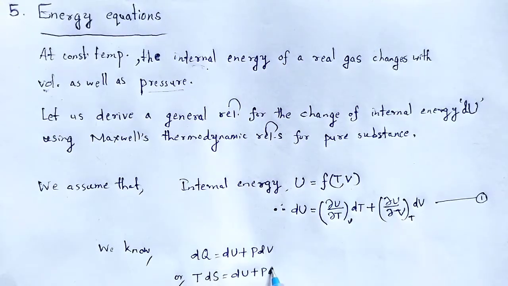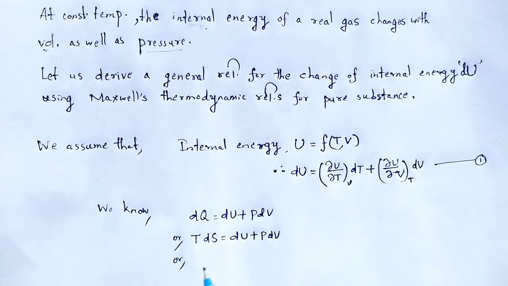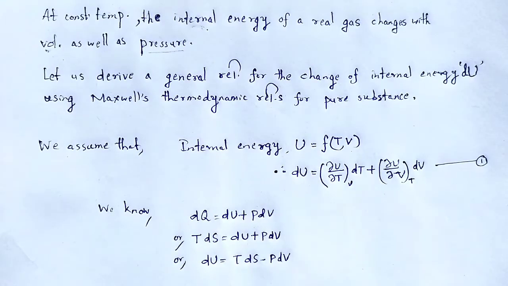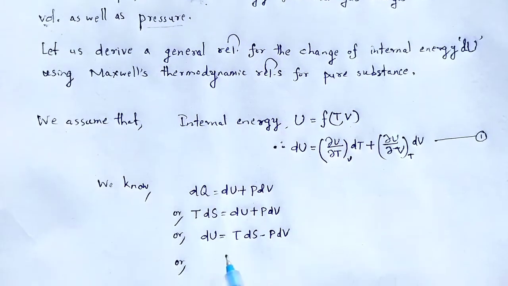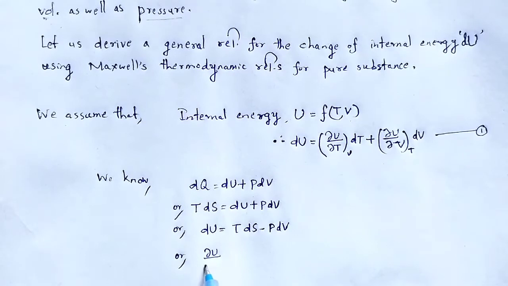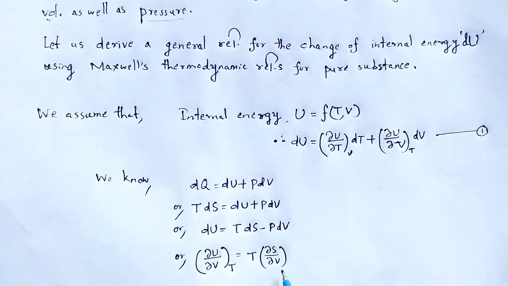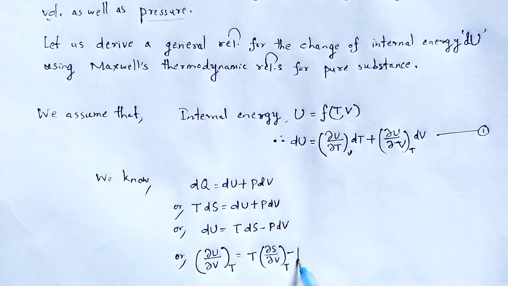Now dU is equal to TdS minus PdV, where S is the entropy, V is the volume and T is the temperature. Dividing by dV at constant temperature, (∂U/∂V) at constant temperature is T (∂S/∂V) at constant temperature minus P.